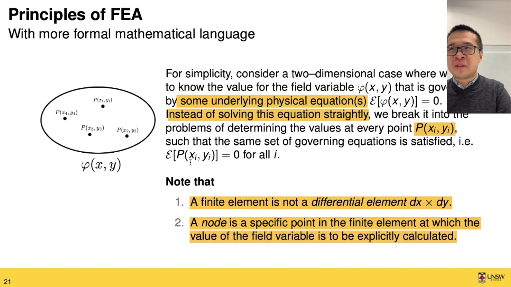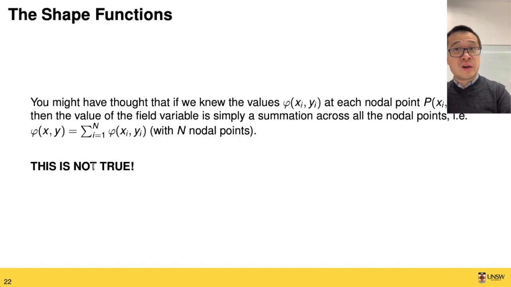So a natural thing for you to think about is that because we are trying to use these individual nodes to approximate this continuous function phi(x, y) that describes some irregular shape of the object, you might think, okay, once we know the value of individual point p(x, y), the function phi is basically a sum over p(xi, yi).